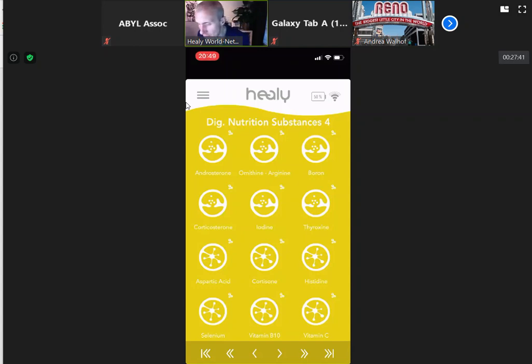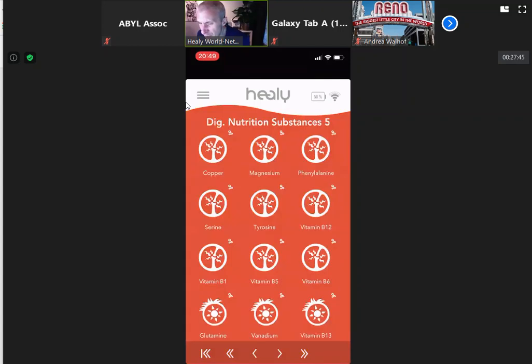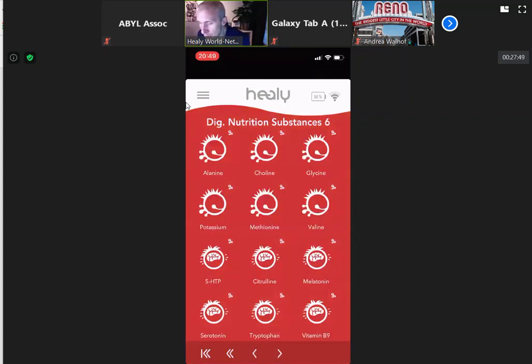So iodine, vitamin B12, C, copper, magnesium, glutamine, B12. We have 5-HTP, melatonin, serotonin. I was using the serotonin program a lot of times because 15 minutes this program and you feel instant happy. It's so much fun.